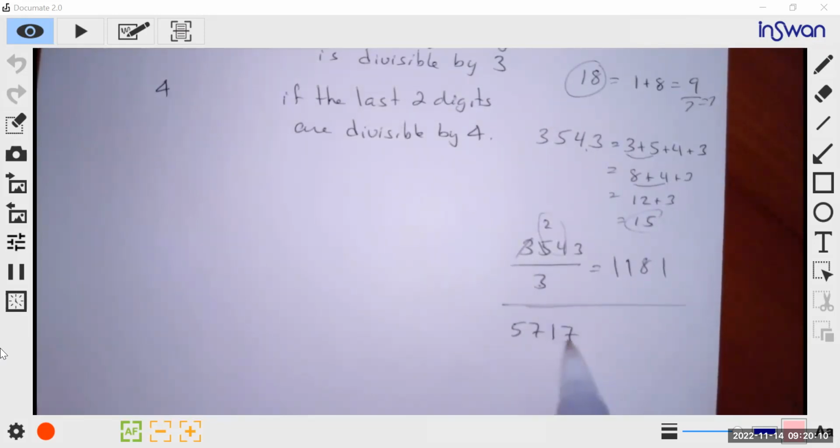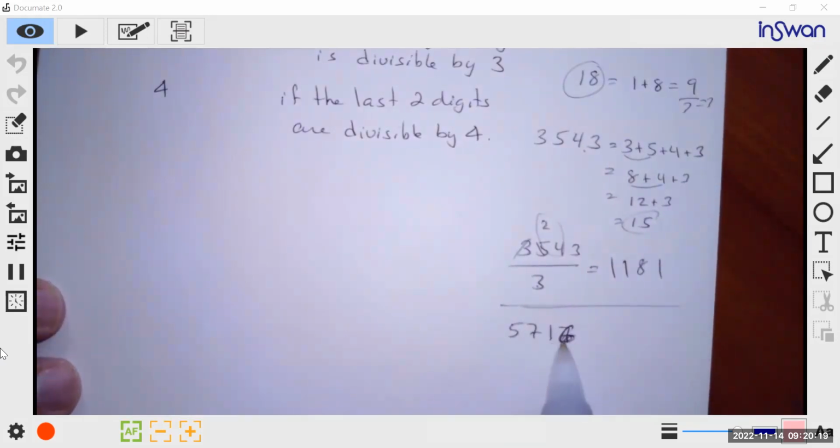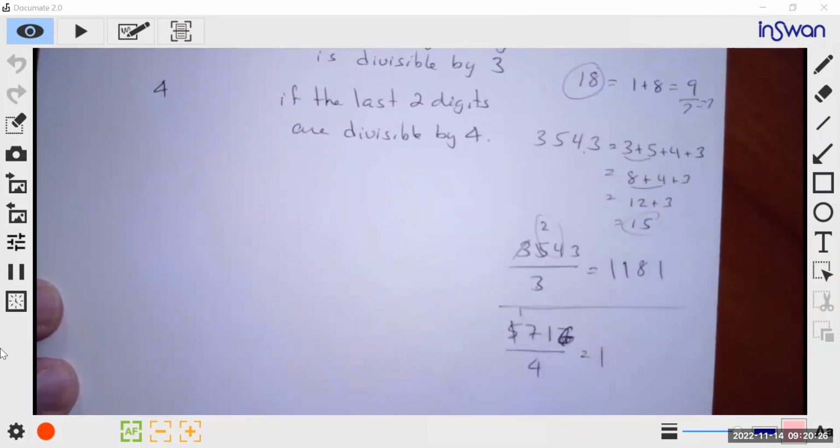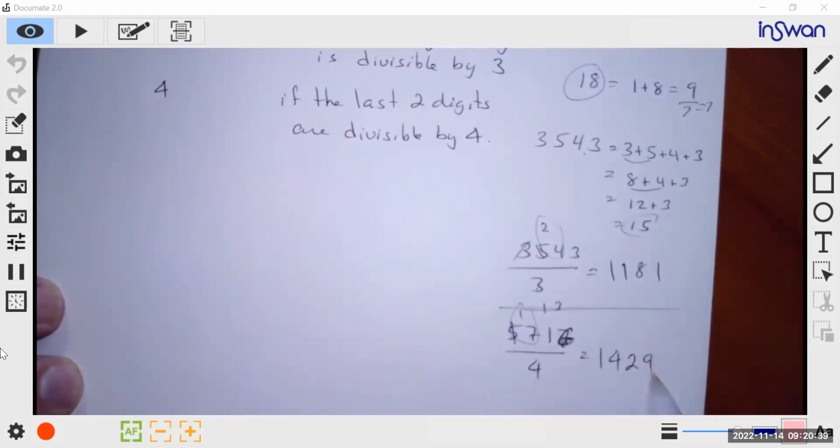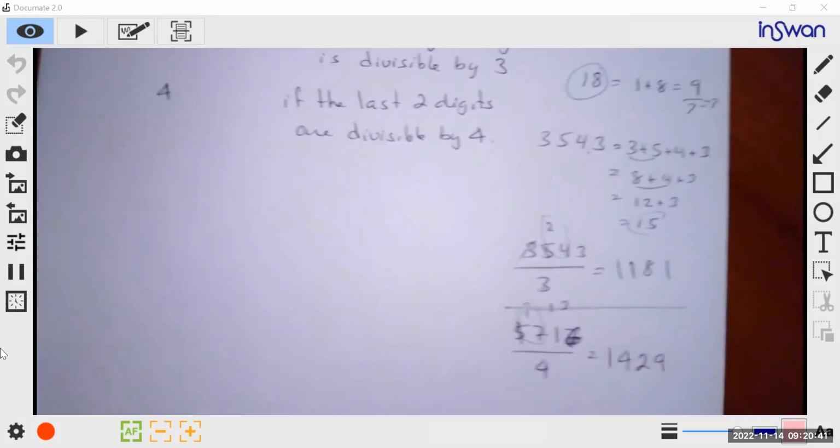The last two digits, 17. Is 17 divisible by 4? No. How about if it was 16? So this one says because the last two digits are divisible by 4, the whole thing should be. 4 goes into 5 once with 1 left over. 4 goes into 17 4 times with 1 left over. 4 goes into 11 twice with 3 left over. 4 goes into 36 9 times. Yes, so it is possible.